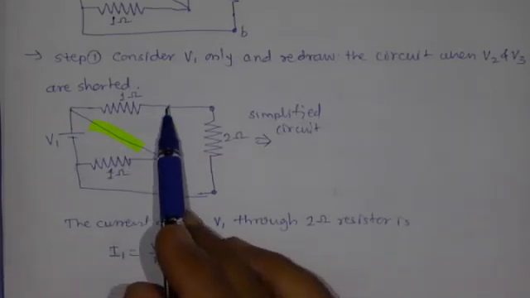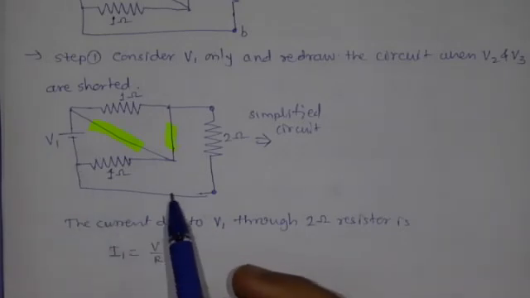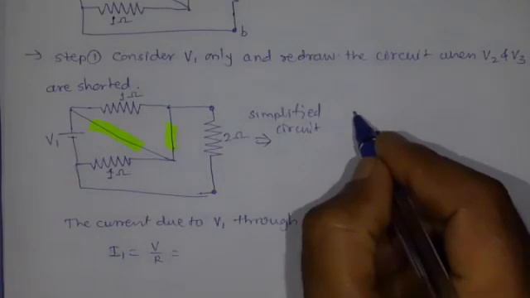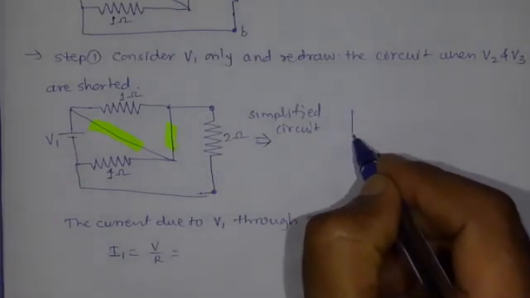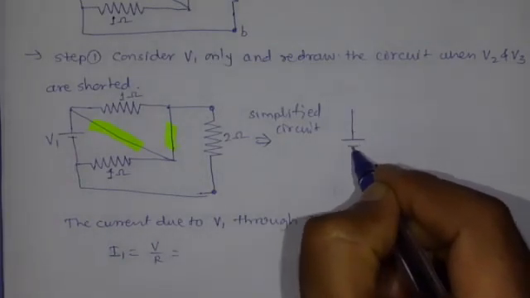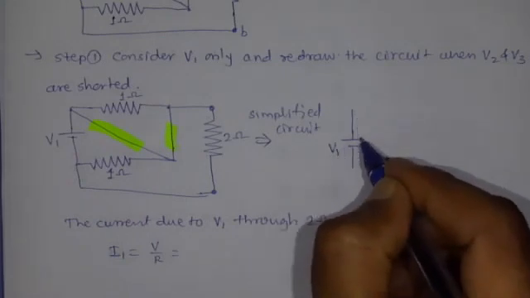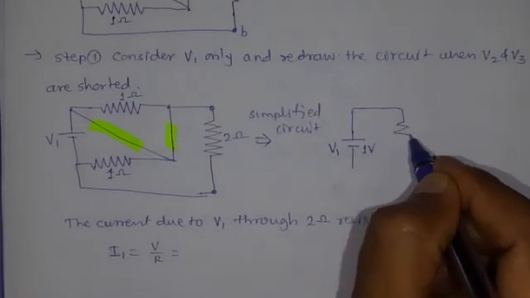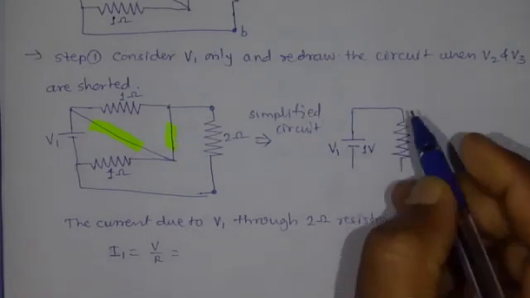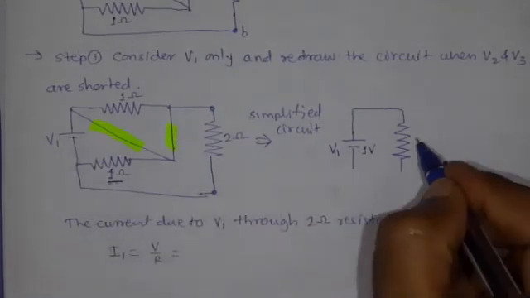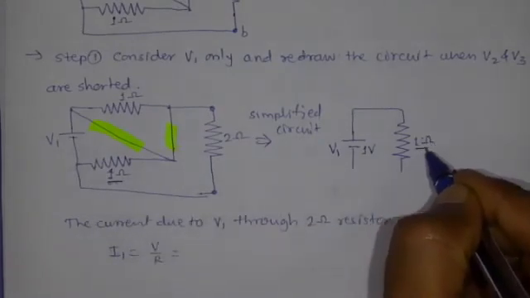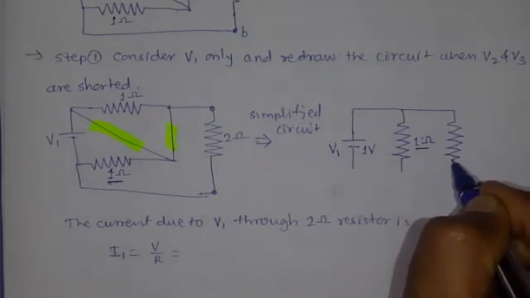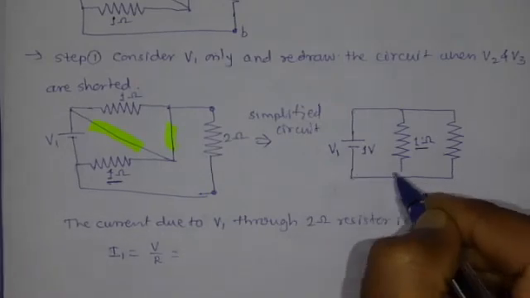Now this resistor is connected here, and this terminal is connected here, and we represent the simplified diagram as follows. Here is the V1 source of 1 volt, then this 1 ohm resistor, and the resistor through which we have to find the current, the 2 ohm resistor, is connected here.